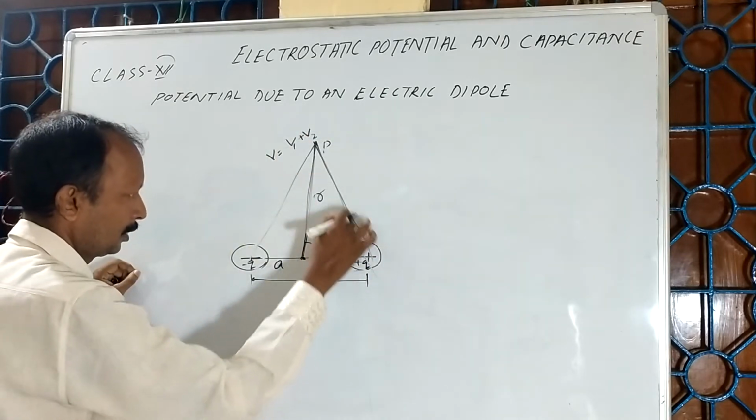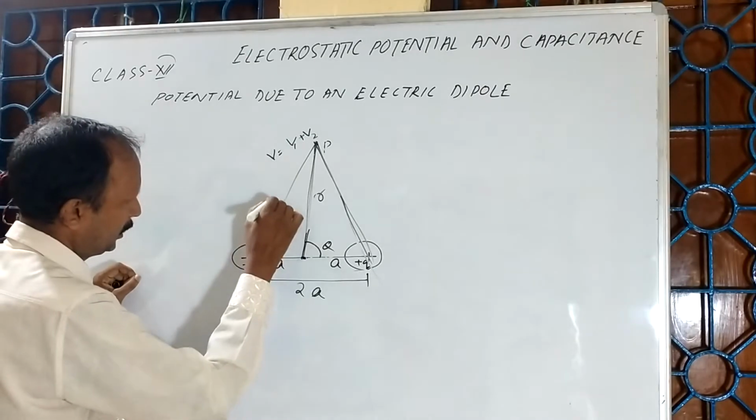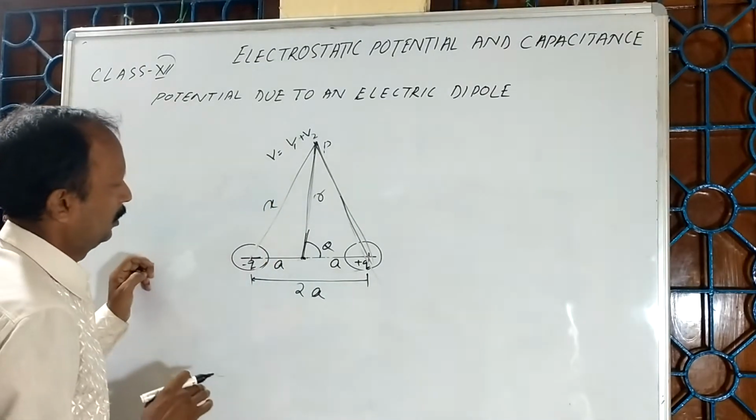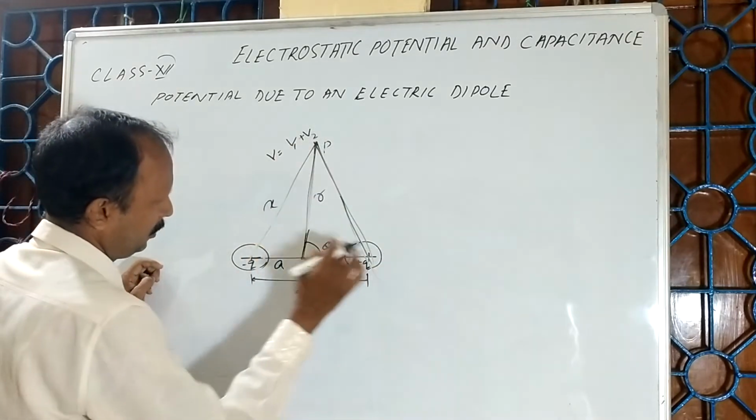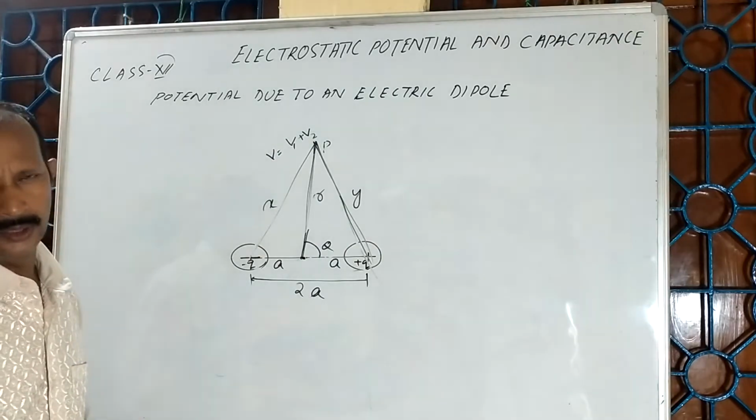For example, this distance I am taking as x, an intermediate distance. Similarly, from here to here, suppose this distance is equal to y. Clear?